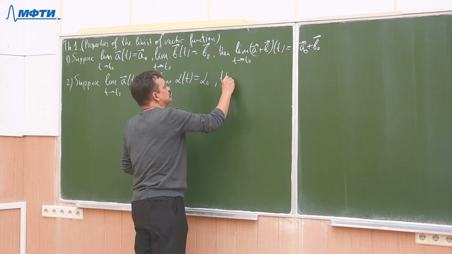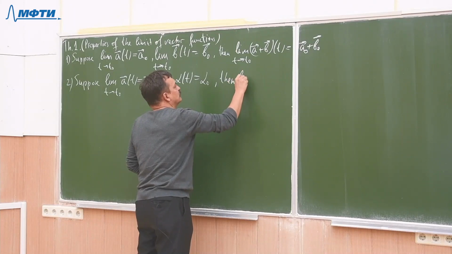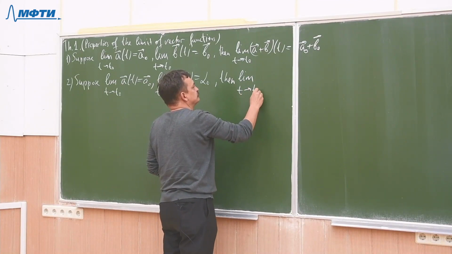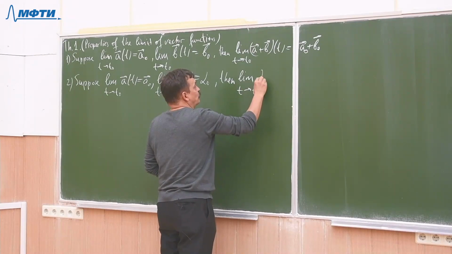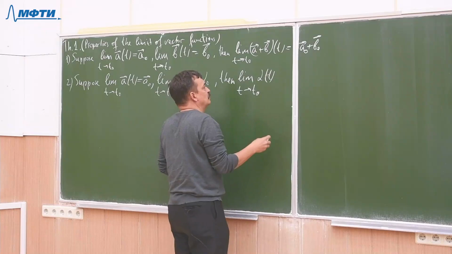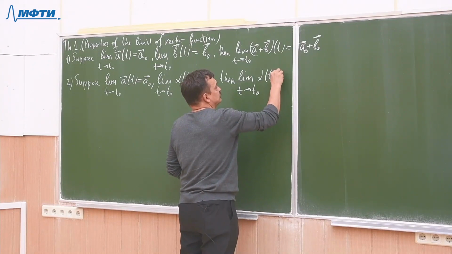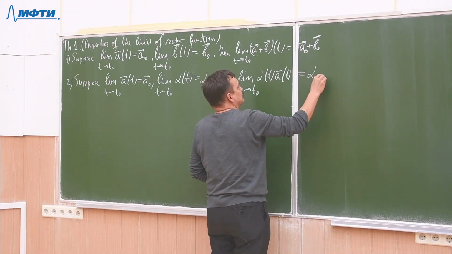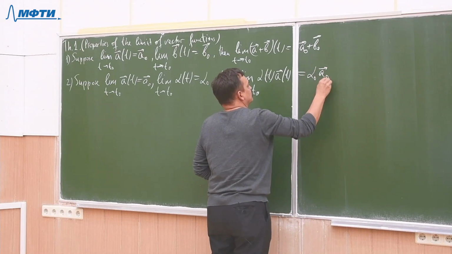Then the limit as t tends to t naught of the product of number times vector equals alpha naught times vector a naught.